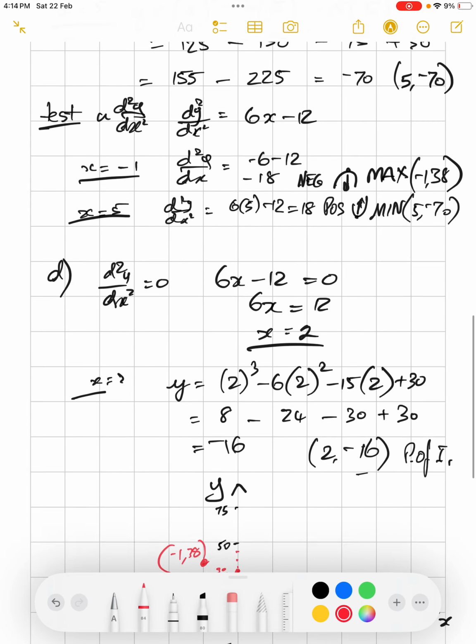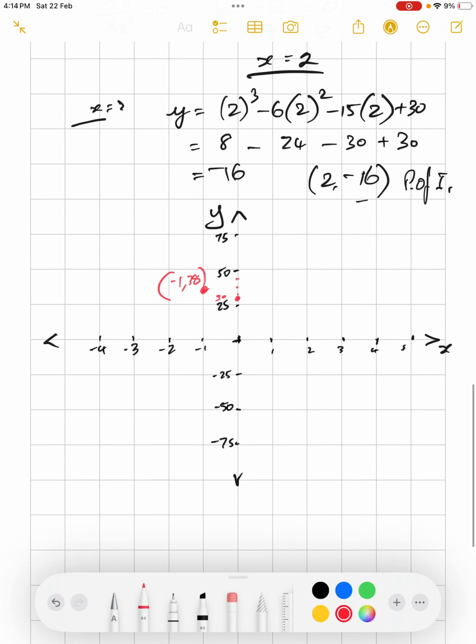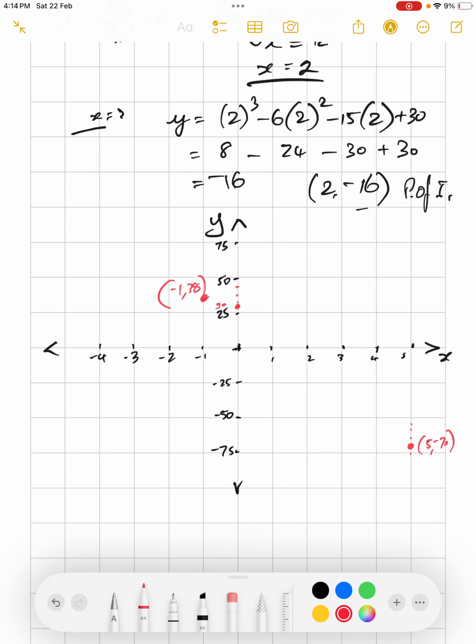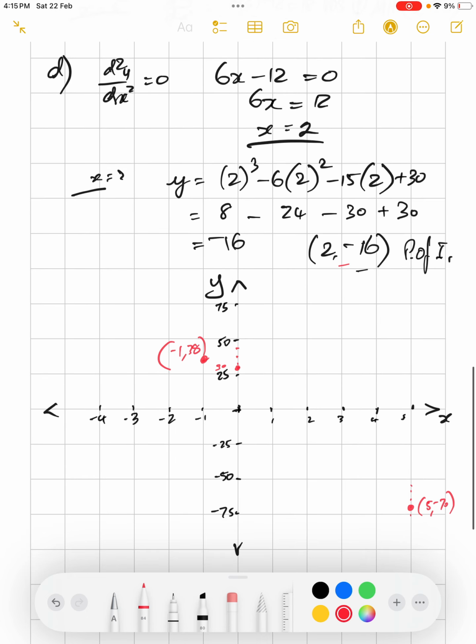And at 5, negative 70. 5, negative 70, and it's got a point of inflection at 2, negative 16 here.